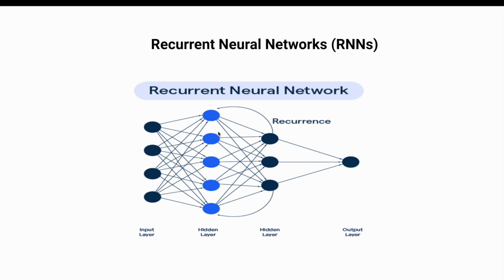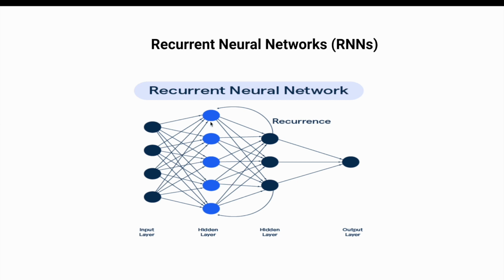And in this neural network, information flows this way. It can also flow backwards, recurrent. It flows back and forth. And that's just a basic architecture of a recurrent neural network.